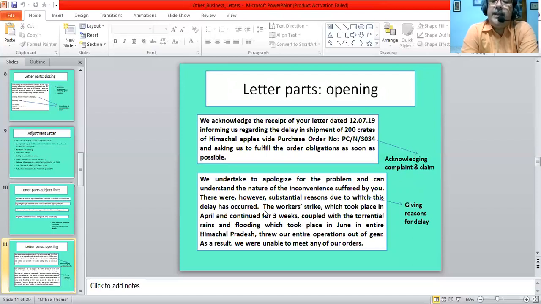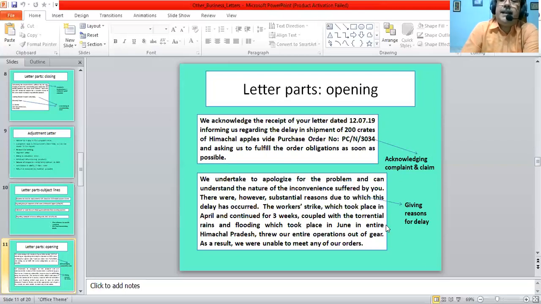Okay, so here there are reasons for this delay: a workers' strike which paralyzed operations, and also torrential rains and flooding which paralyzed all kinds of business movements in the state of Himachal Pradesh, obviously from where the shipment of apples was arriving. So therefore, they were unable to meet any orders. So the reasons for the delay are given.